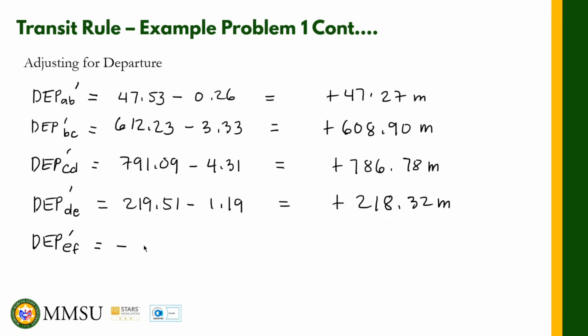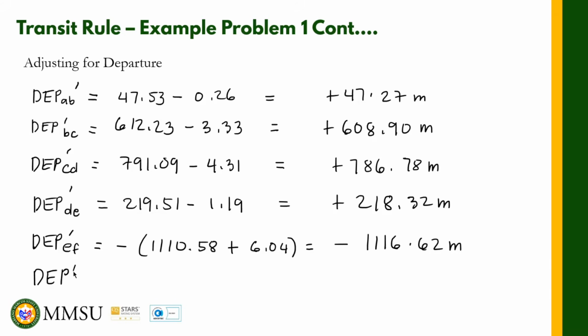For the adjusted departure for EF, the original was negative 1,110.58. Since this is negative, we are going to add the correction of positive 6.04, and we should come up with negative 1,116.62 meters. And then finally, for the adjusted departure of FA, the original departure is negative 541.70.